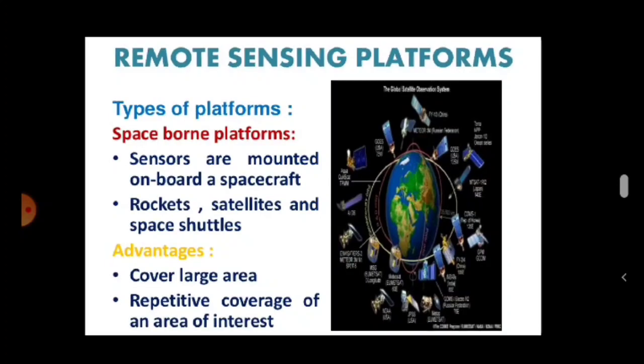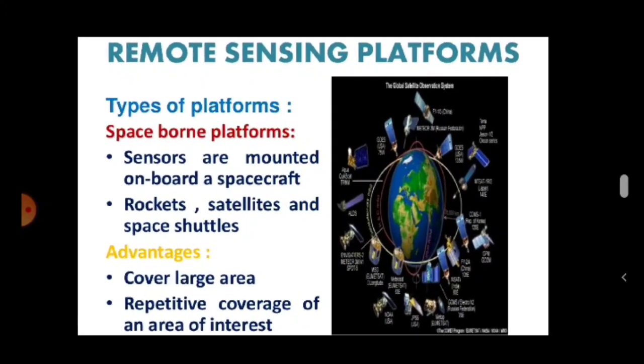And ERS-2, compared to ERS-1, has an upgrade of the GOME instrument, which refers to the Global Ozone Monitoring Experiment.